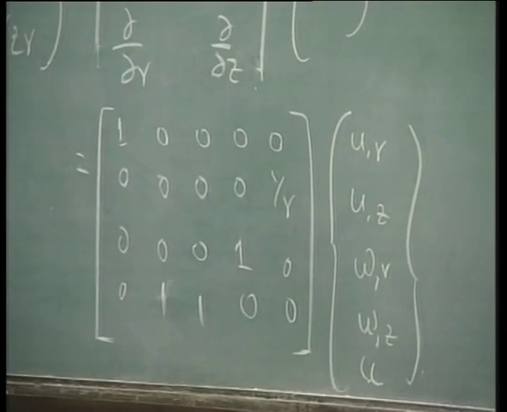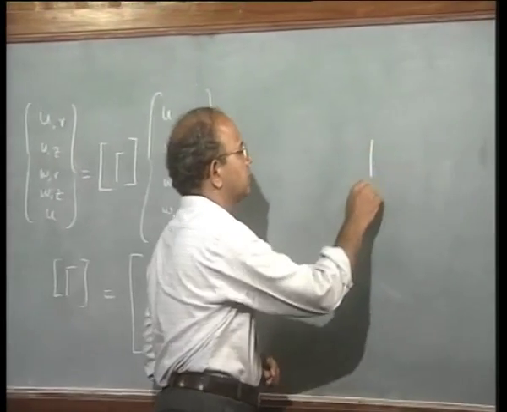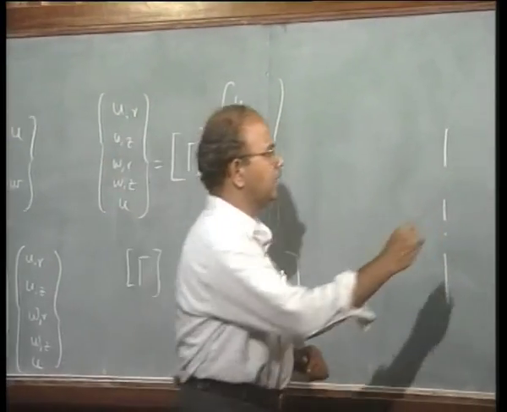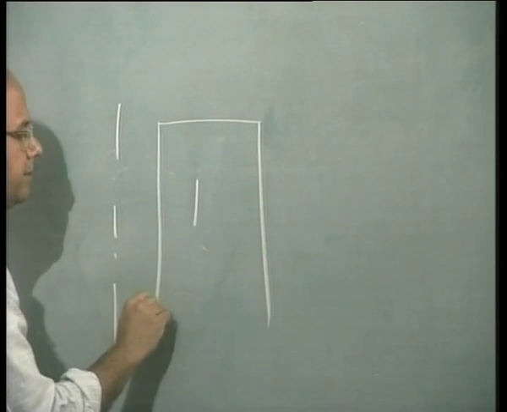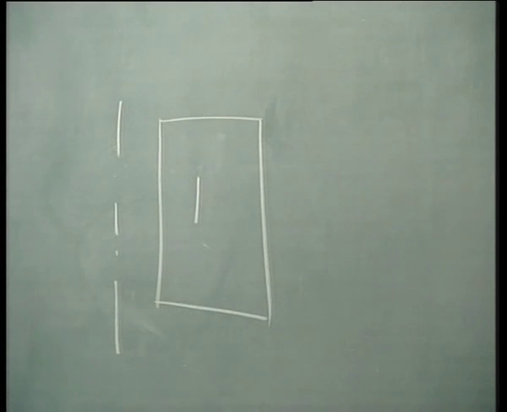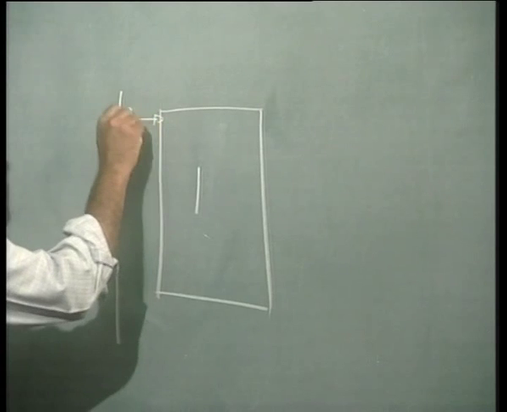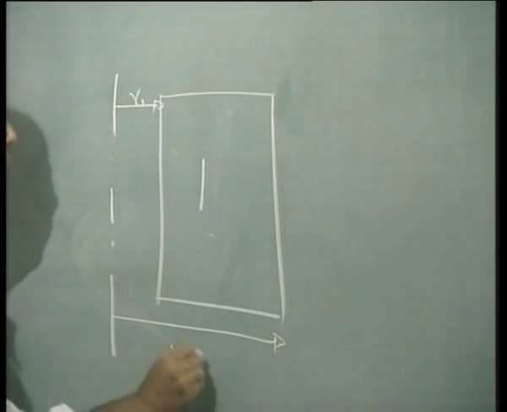Actually, how does the axisymmetric element look like? The axisymmetric element looks something like this. Suppose this is the axis, and say this is the complete body which we are analyzing. Say there is a hollow cylinder with a radius, say r1 and r2.